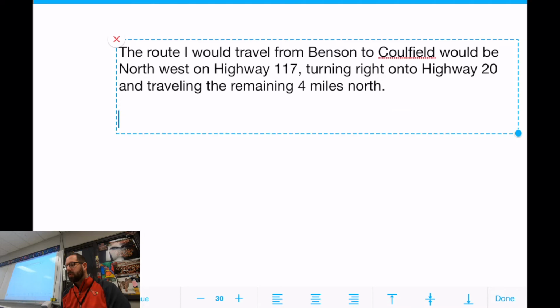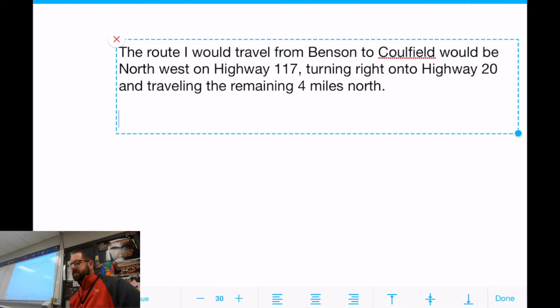Benson to Coalfield would be northwest on Highway 117, turning right onto Highway 20, and traveling the remaining 4 miles north.